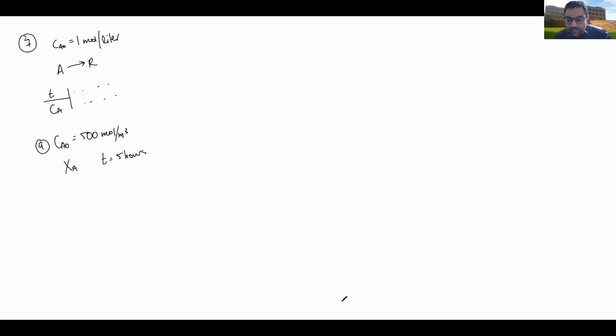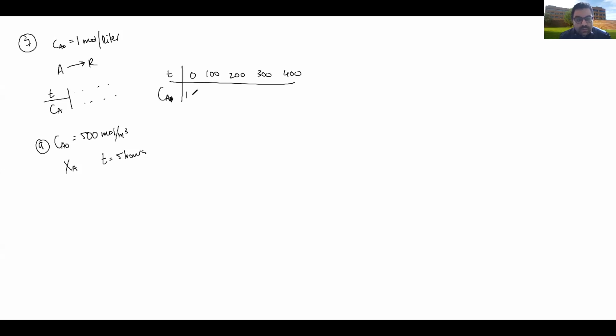This is the type of problem where you might think, what's going on here? How do you solve this? Just have a look at the experimental data you're given. You're given T: 0, 100, 200, 300, 400, and sorry, this is actually CA, not CA naught.